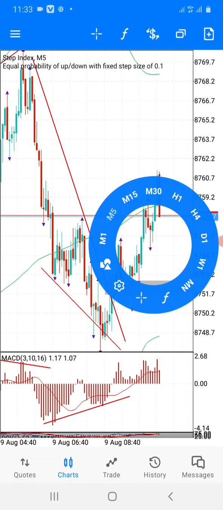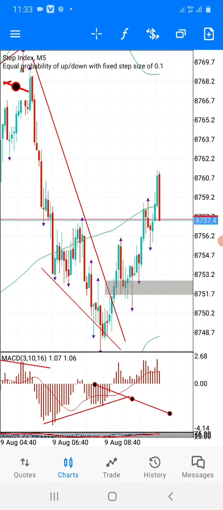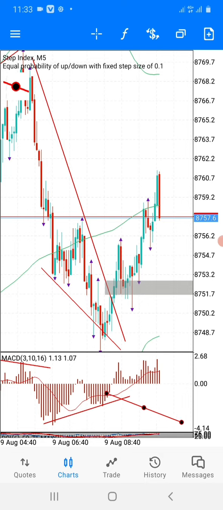Another simple way we can make our entry is by considering the histogram of the MACD. You wait for the histogram to cross above the zero level after you have spotted the divergence.